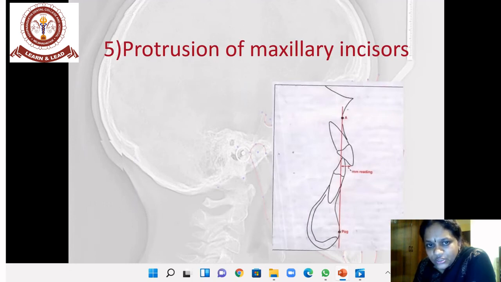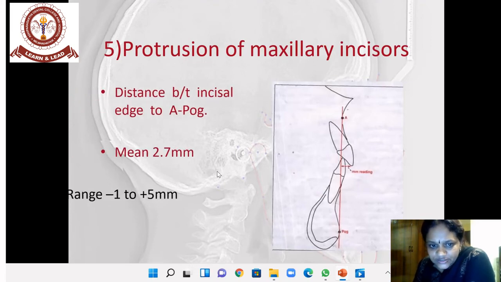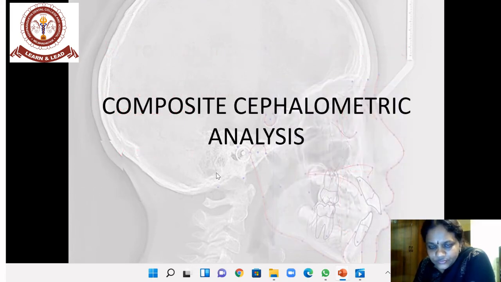Coming to the linear measurement of protrusion of maxillary incisor, you draw the APOG line, and the distance from the labial surface of the upper incisor to the APOG line in millimeters gives the relative protrusion of maxillary incisors. So these are the basic cephalometric analyses. As an undergraduate, you have to know STEINER'S, TWEED'S, WITS, and Downs analysis.